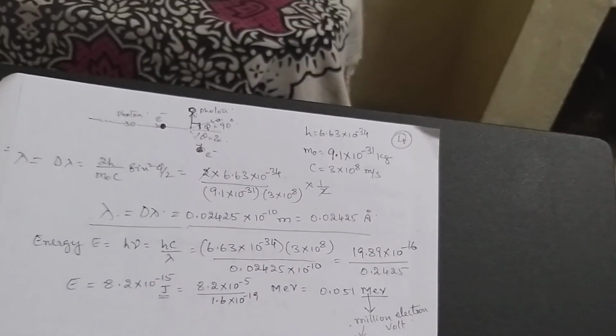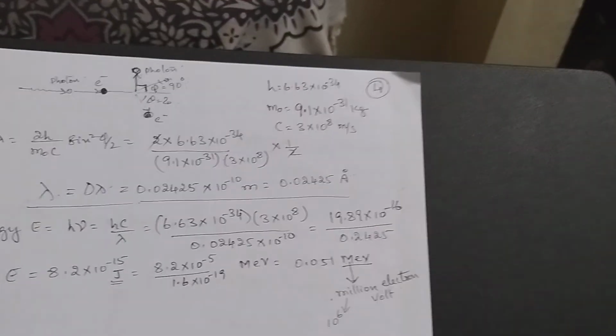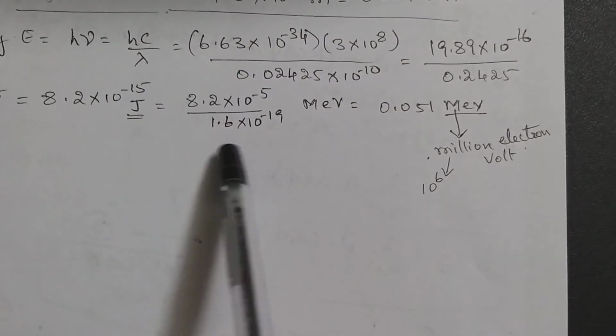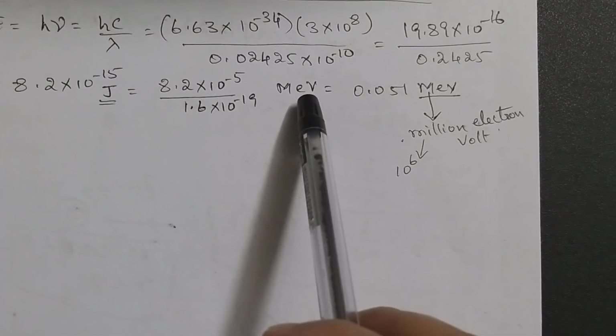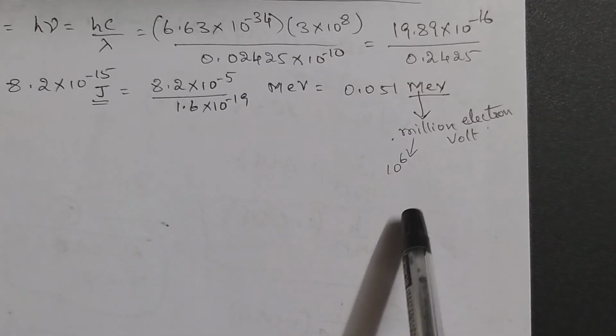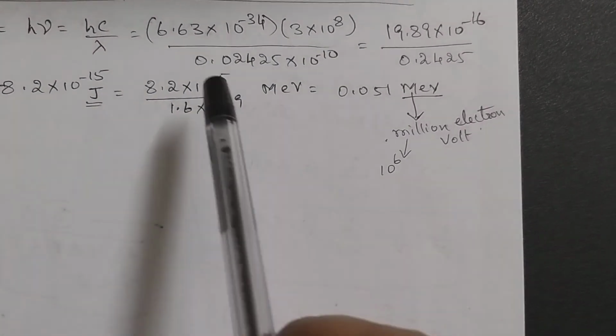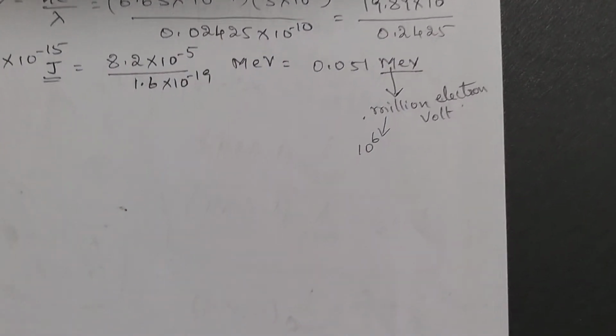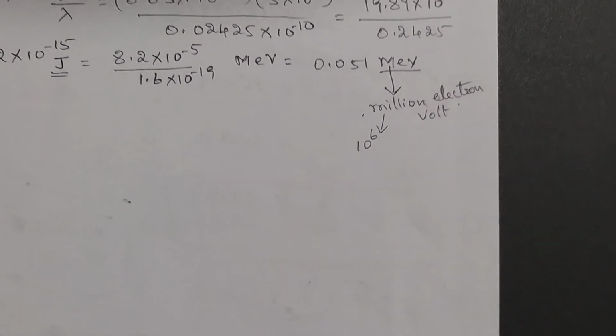So 1 electron volt is equal to 1.6 into 10 to the power minus 19 joules. So 1 joule divided by this much will give you electron volts. A million electron volt means into 10 to the power 6. 10 to the power 6 comes here, but you remove that, and you will get million electron volts. Hope I am clear with it.